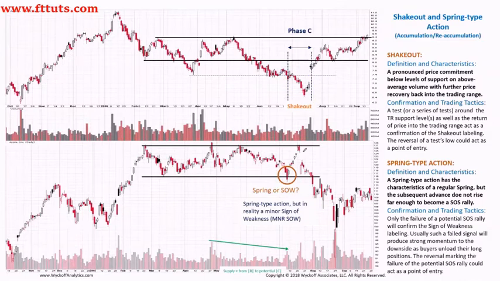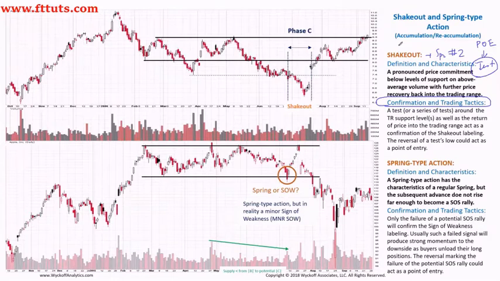So what's the confirmation or the tactics for the shakeout? Well, with the shakeout as well as spring number 2, our points of entry are always going to be on the test. Think about this for a second. Why do we need the test for spring number 2 and the shakeout?